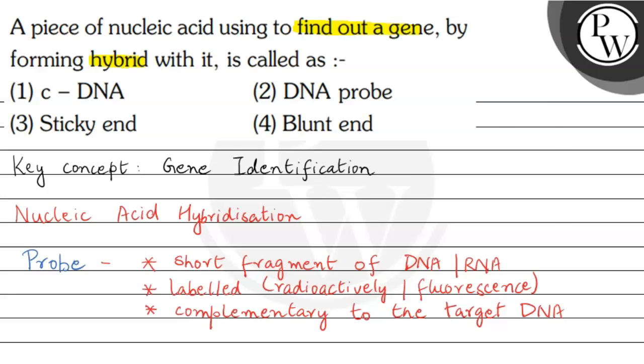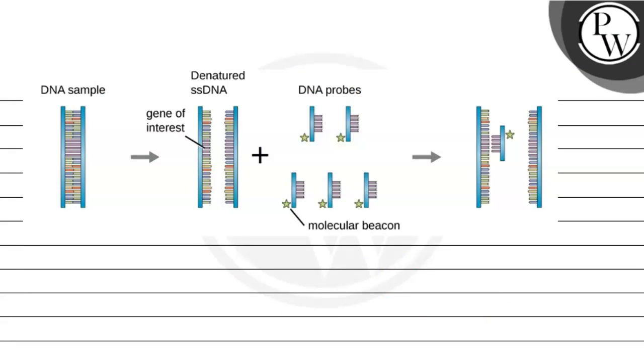So if we see the steps of nucleic acid hybridization, the very basic steps. So firstly, we have the DNA sample. So this is the long nucleotide sequence of DNA sample. So firstly, we are going to denature this DNA sample and then we'll get the two single-stranded DNA strands.